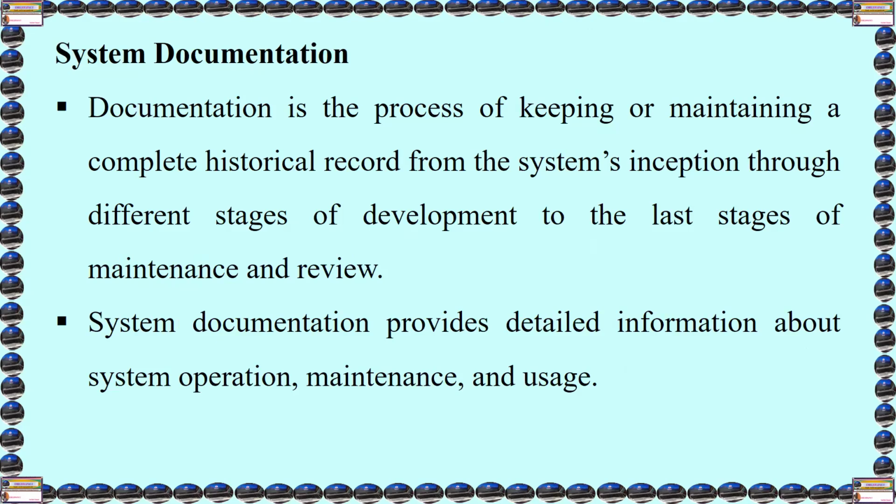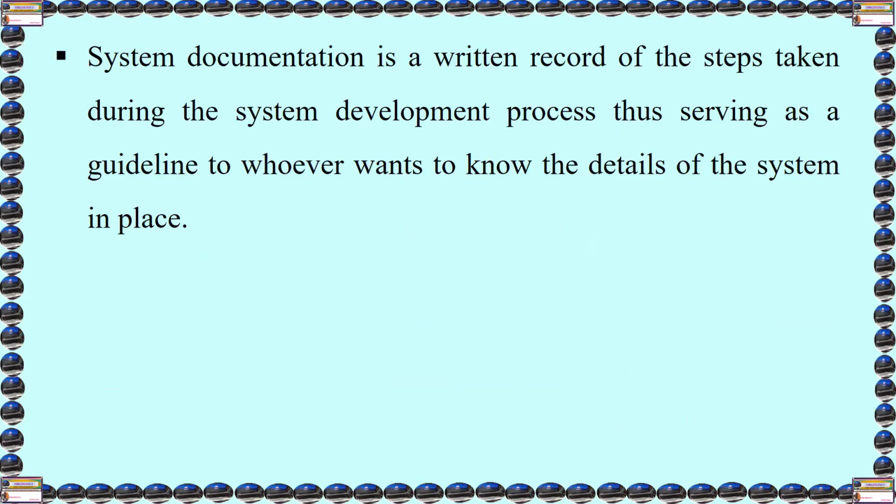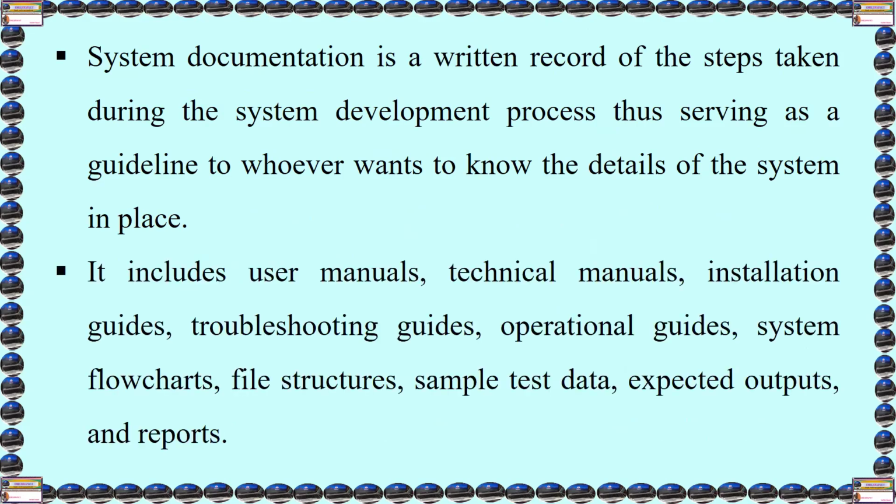It provides detailed information about system operation, maintenance, and usage. It provides written guidance for users and technical staff. System documentation is therefore a written record of the steps taken during the system development process, thus serving as a guideline to whoever wants to know the details of the system in place.